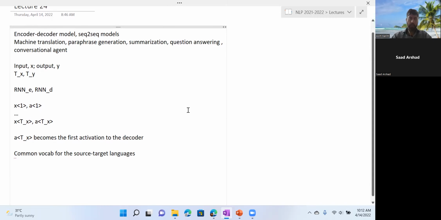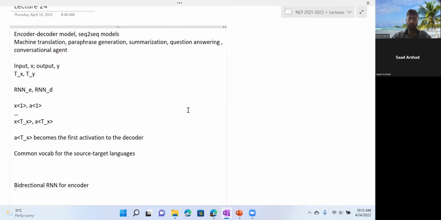So we talked about two things last time. The context that is received by the decoder is the last activation of the encoder. So that might lose information from the starting positions of the source language. Sometimes to avoid that, we can use a bidirectional RNN for the encoder. Okay?